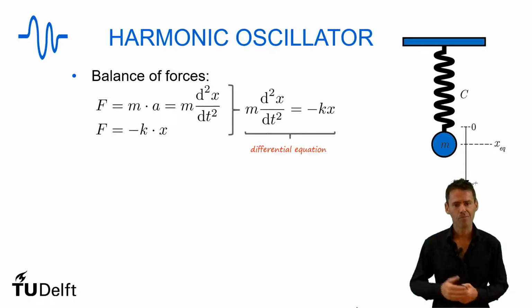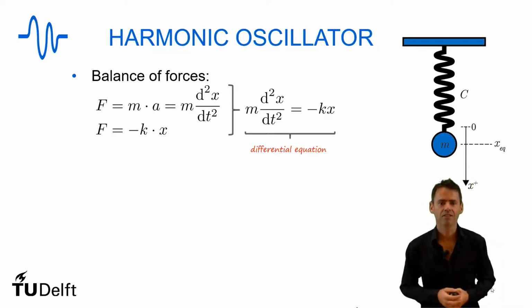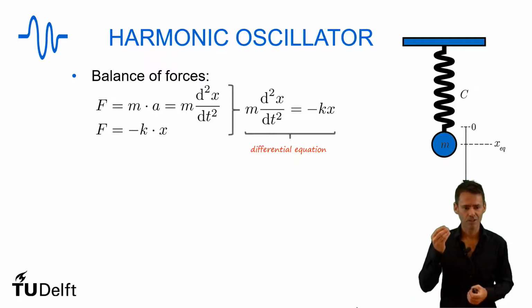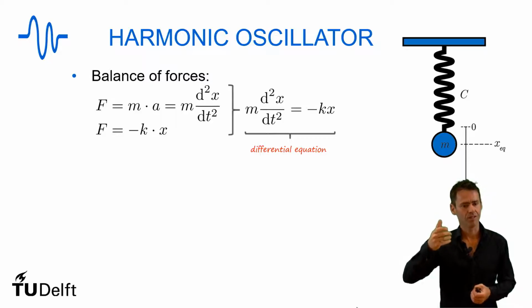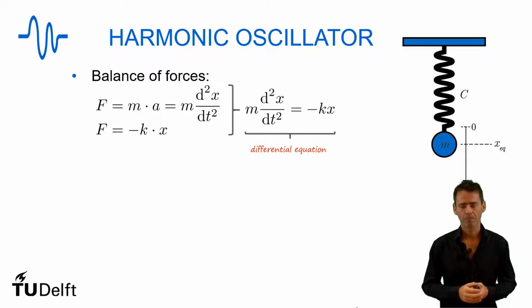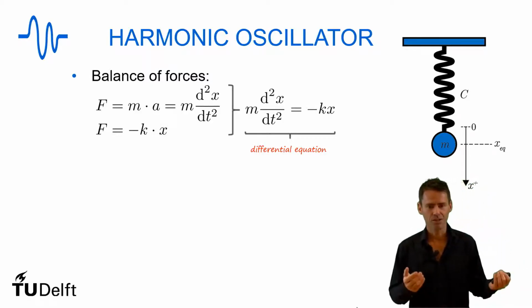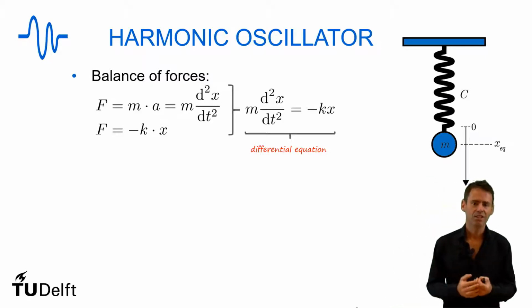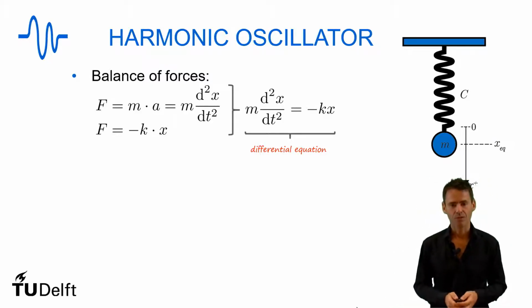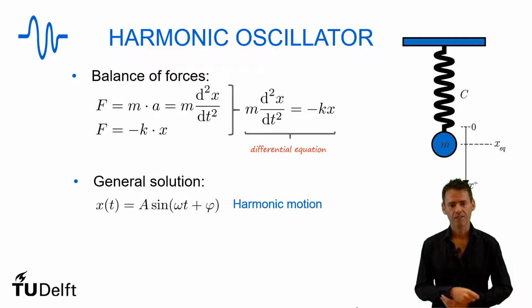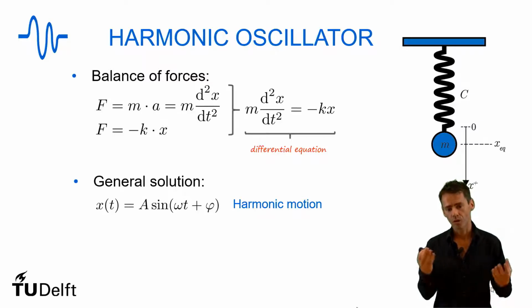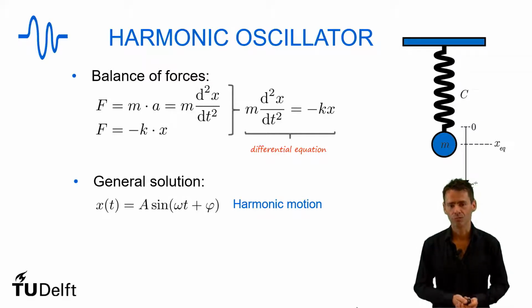The clever guess you can make by just considering the fact that what we need to find is a function that, if we differentiate it twice, we get something of the same function back. You can think hard and maybe you don't find the answer directly, but if you think a little bit more, you can find that there's a function sine or cosine that is a solution to this problem.